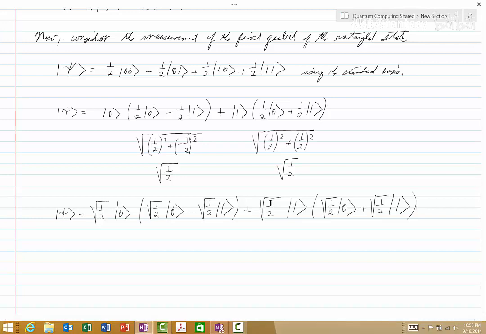It's 1/2 either way. But notice that this parenthetical term following the 0 is not the same as the parenthetical term following the 1. So this means this state is entangled.